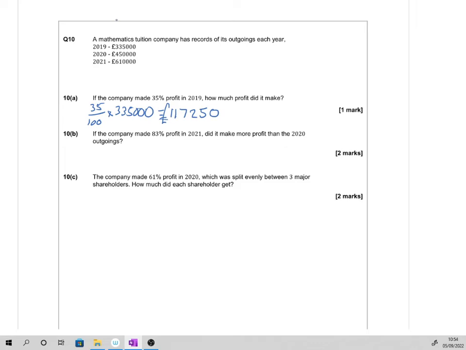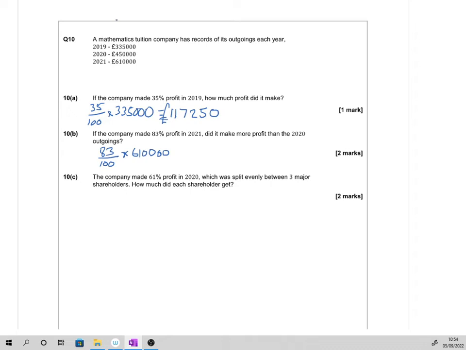Okay, so let's work out what 83% of the 2021 outgoings of 610,000 is. So yeah, you'd add another 83% onto that.